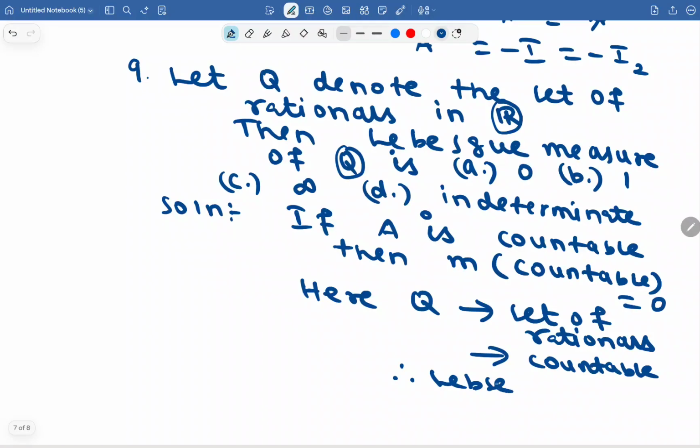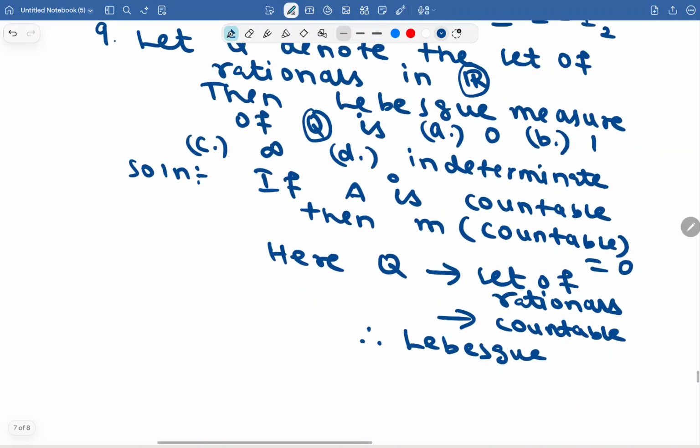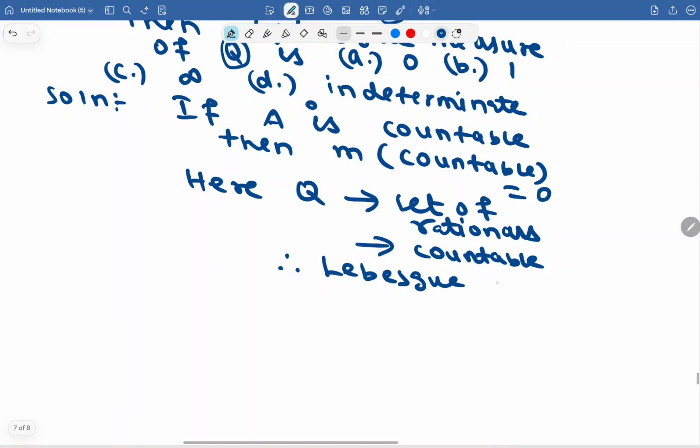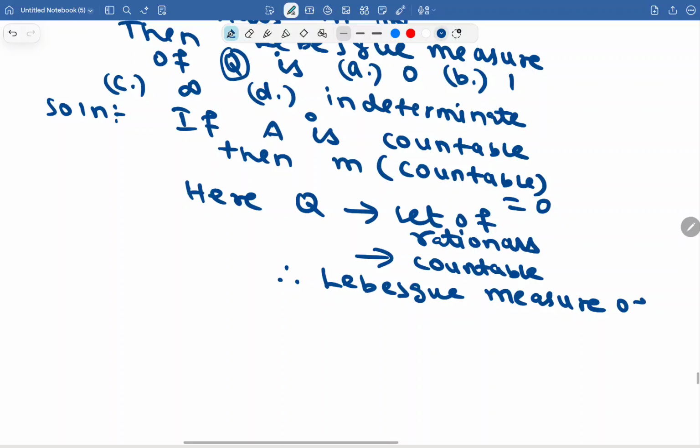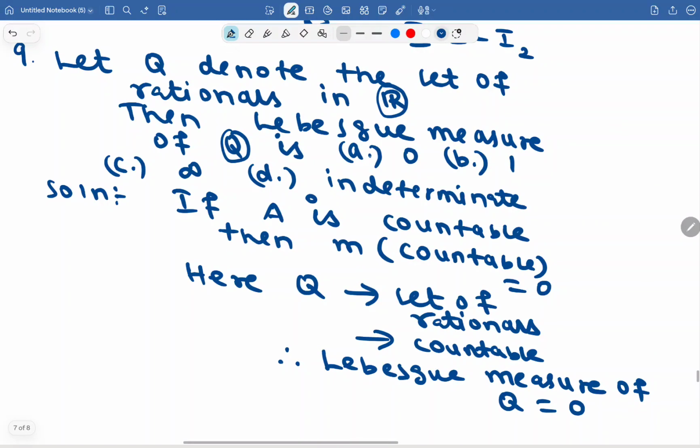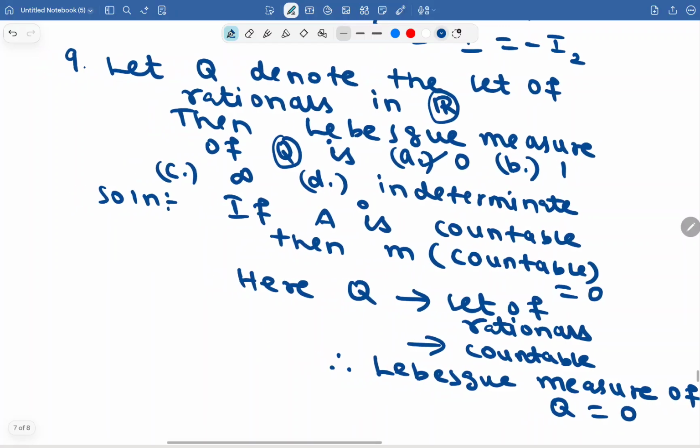Therefore the Lebesgue measure of Q is 0. For this, option A, first option is the correct one.